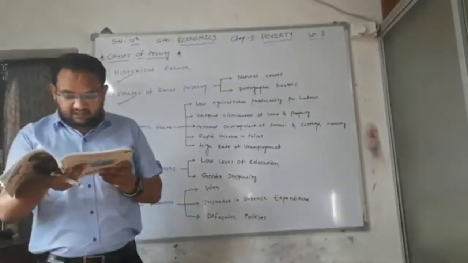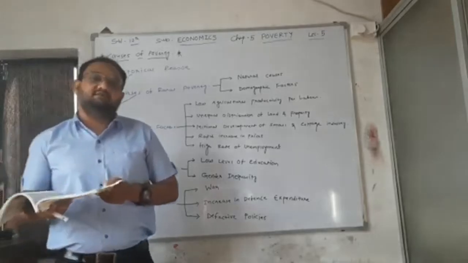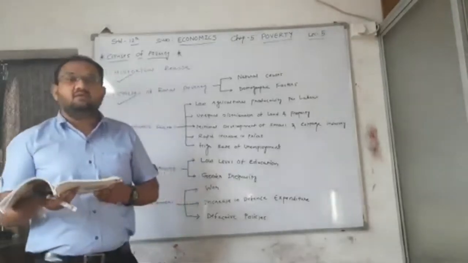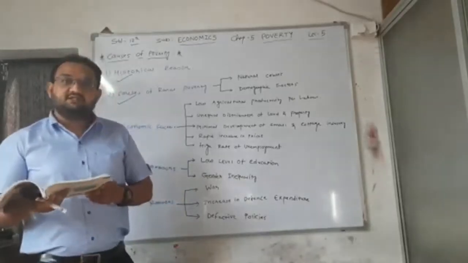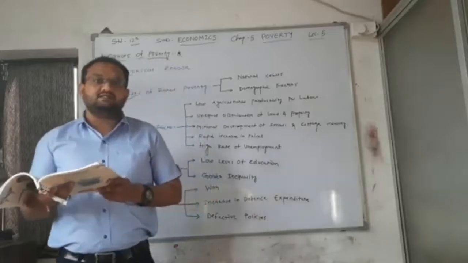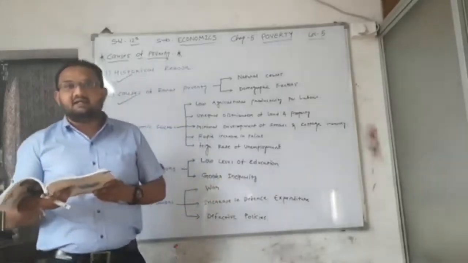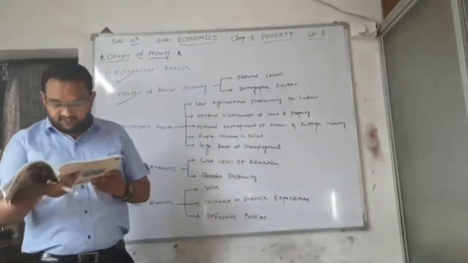But on the other hand, due to repeated drought, there is the zamindari system, I hope you are all aware of this word. Zamindari means the Britishers appointed some persons to work as zamindars, who collect land revenue from the farmers and submit it to the Britishers.